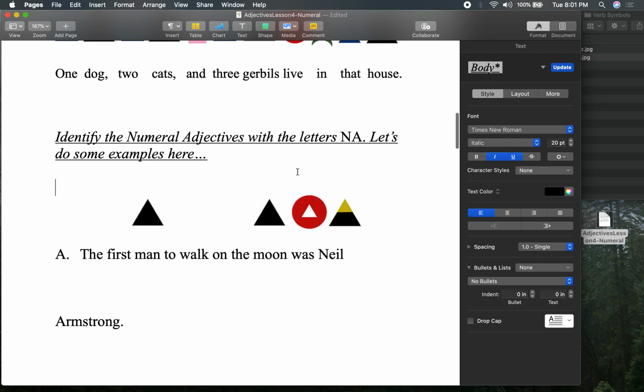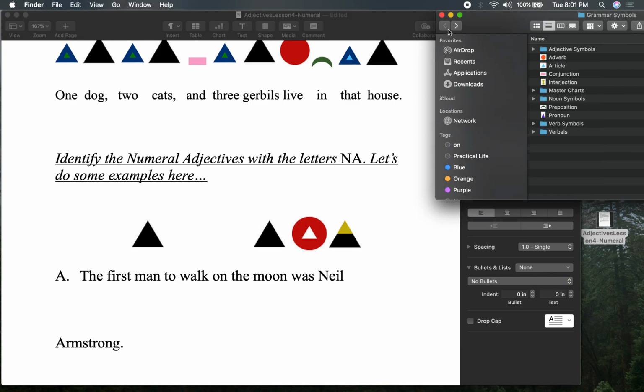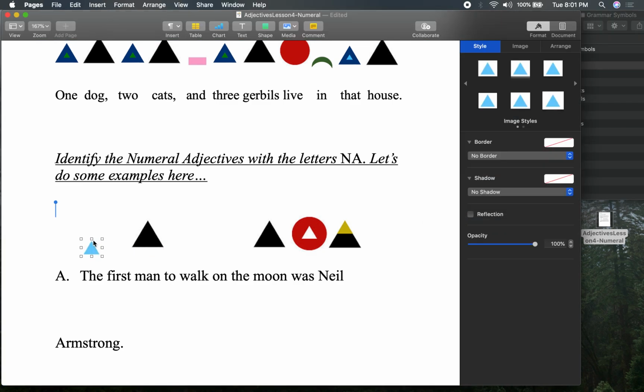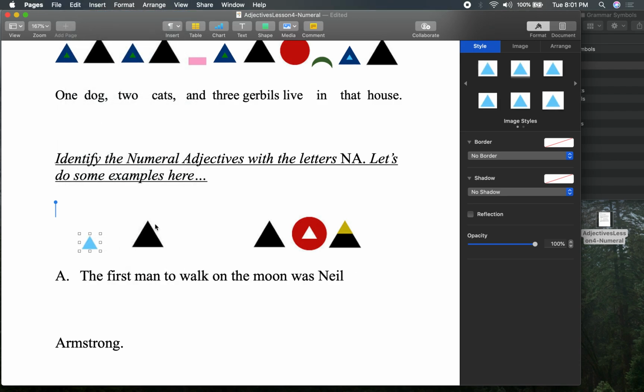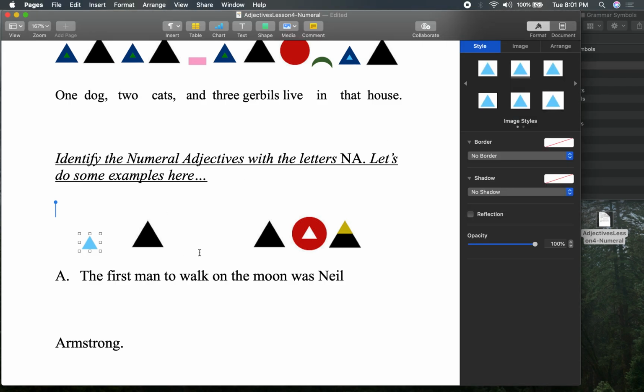Well, articles, don't have any here. Gonna have to go to my symbols. There we go, the. Forgot to copy that.